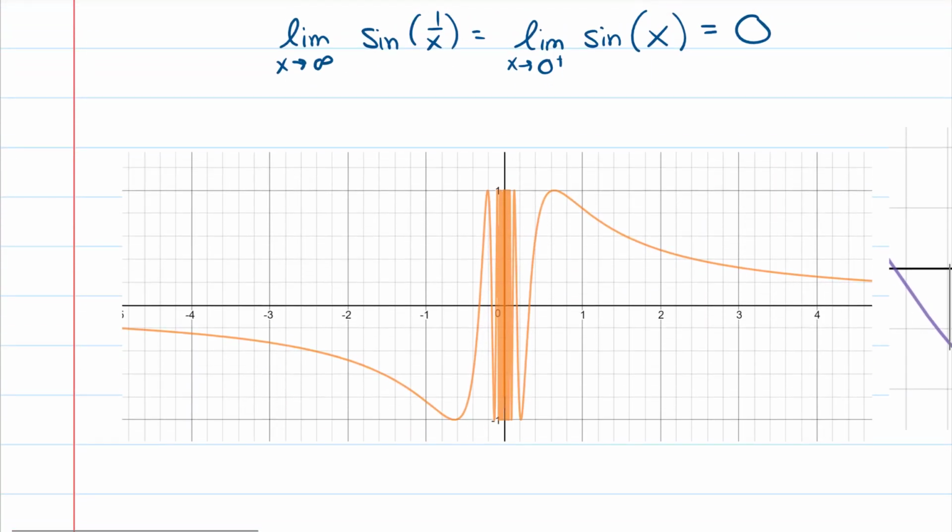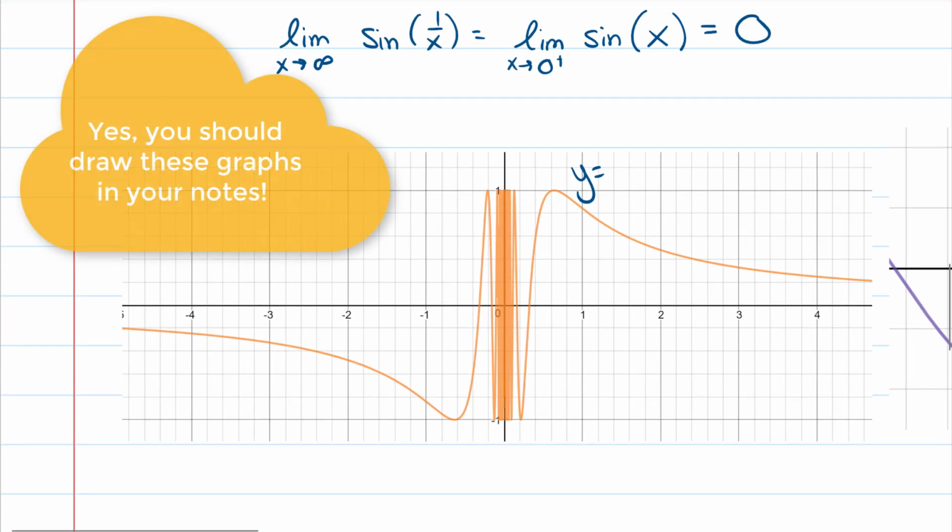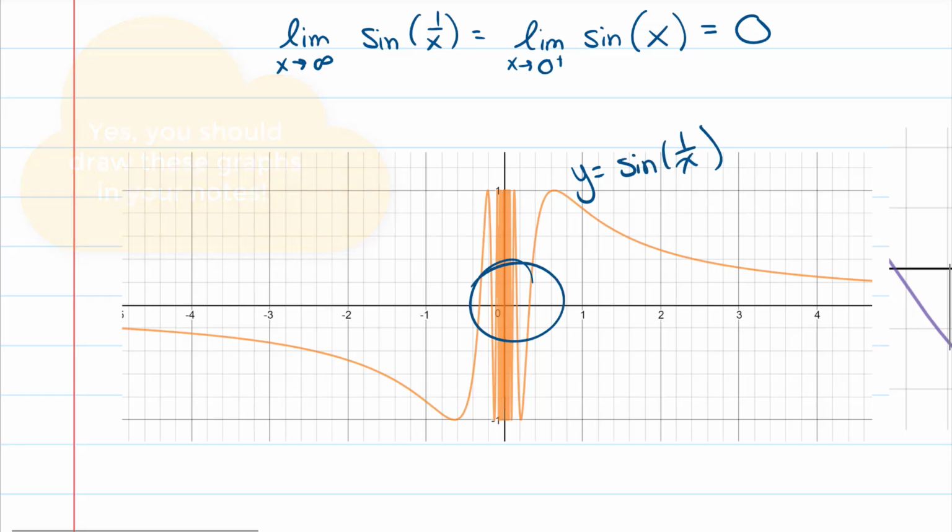This is the graph of y equals sine of 1 over x. As we get towards 0, we don't really know what happens, but we want to look at the limit as x approaches infinity. As you approach infinity, you see it starts to tail off.